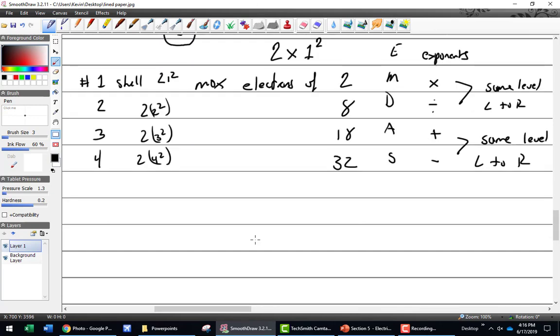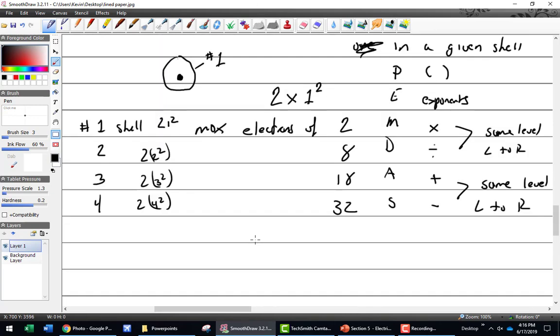So now, I told you the way that they're arranged has to do with whether it's an insulator or a conductor, right?